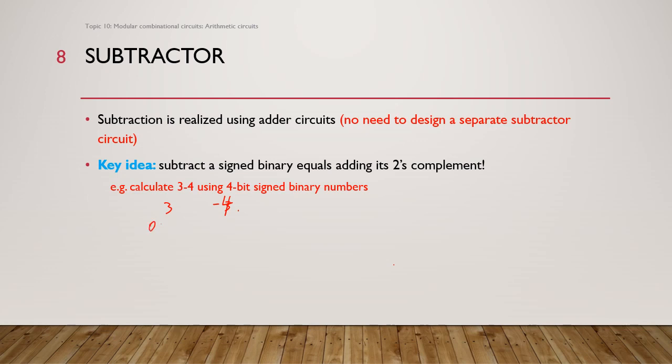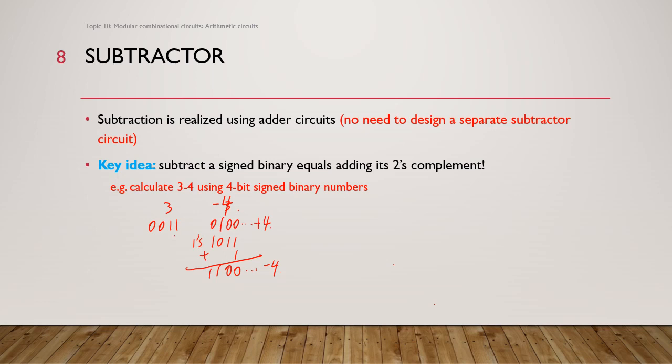For 3, we have 0011. For negative 4, first we write the positive 4 here. Then take the 1's complement of this, and then the 2's complement. Okay, so 1100 basically represents negative 4.